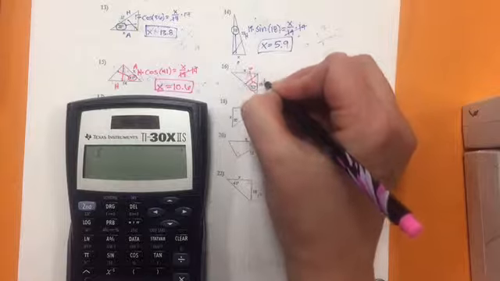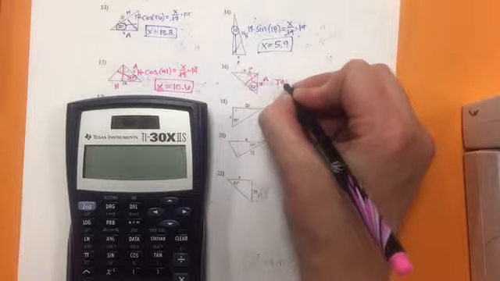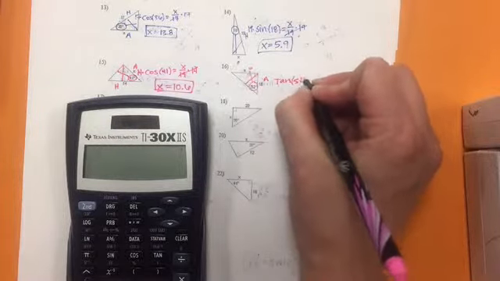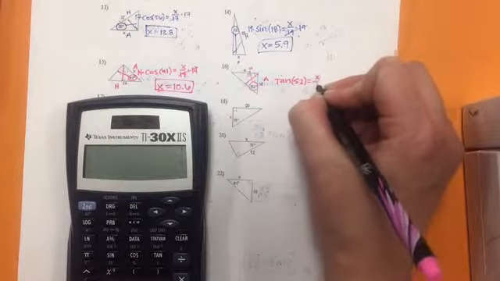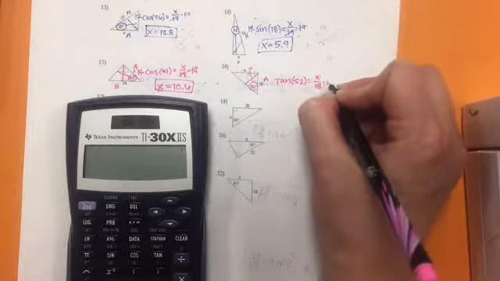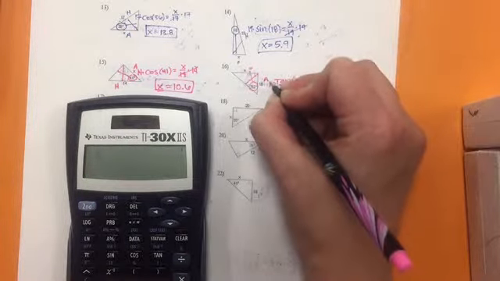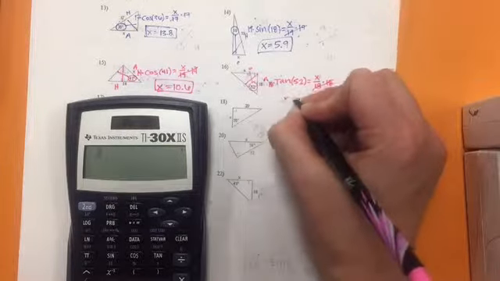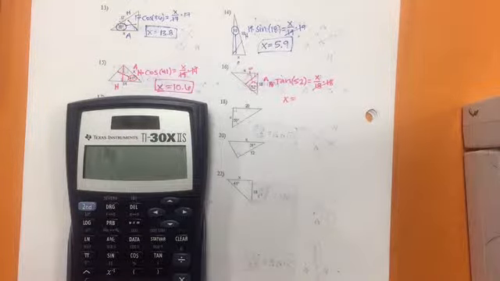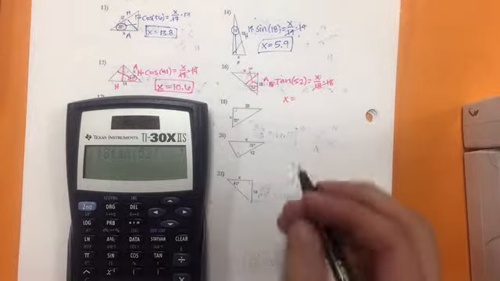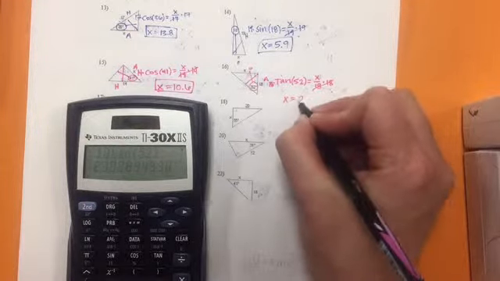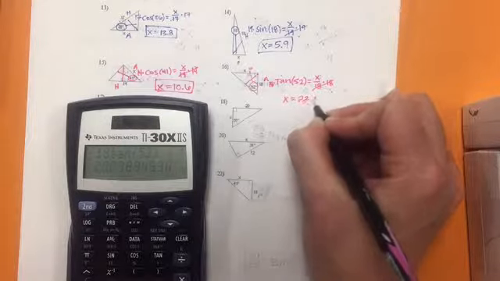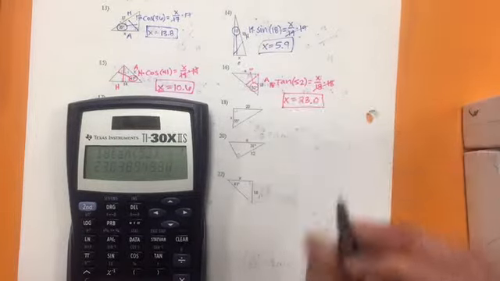Opposite, no hypotenuse, adjacent. Tangent of 52 equals O over A, times by the 18. X is equal to 18 tangent of 52, which is 23.0, or you can just write 23.